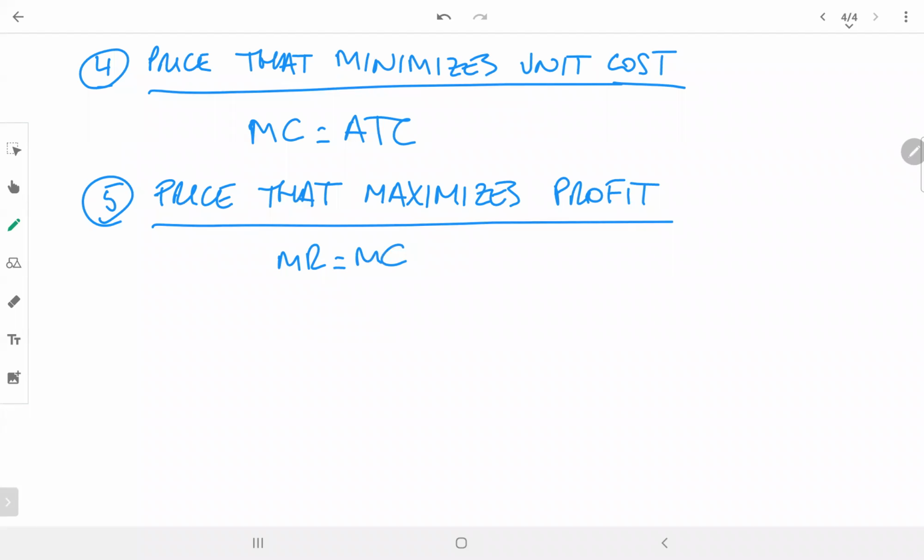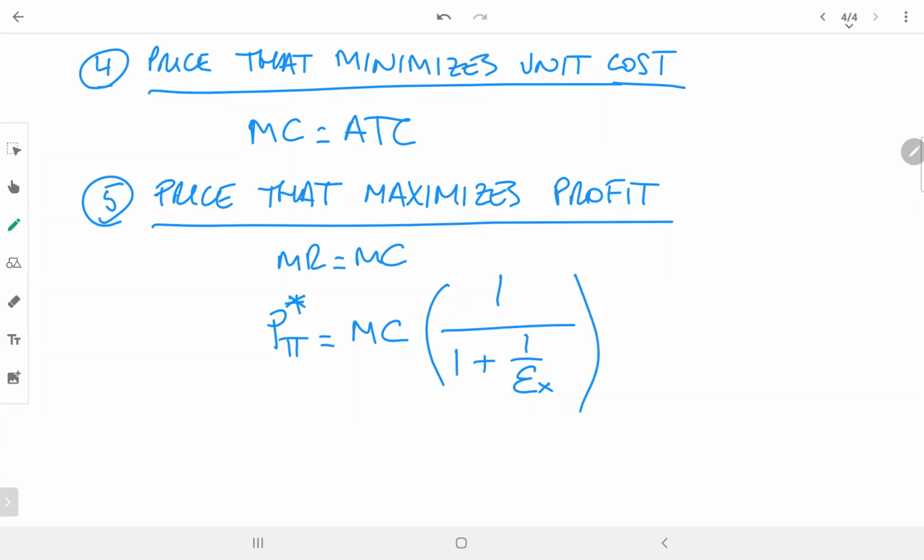And I'm going to give you how you can find this, but I'll be shocked if you ever use this. The price that maximizes profit equals your marginal cost times 1 over 1 plus 1 over your elasticity, your own price elasticity. I doubt you'll use it, but now it's yours.